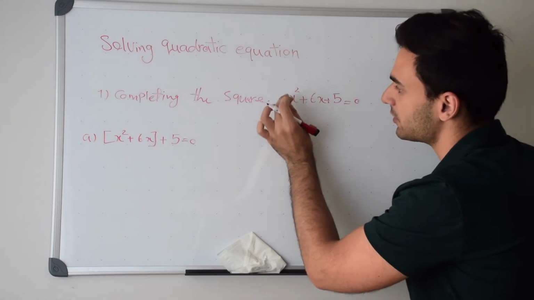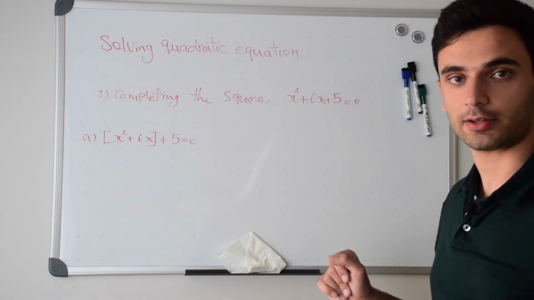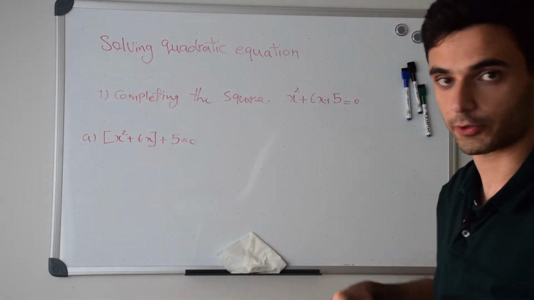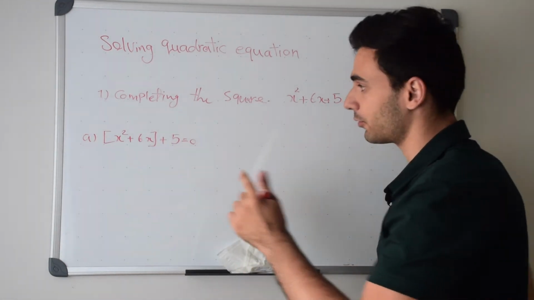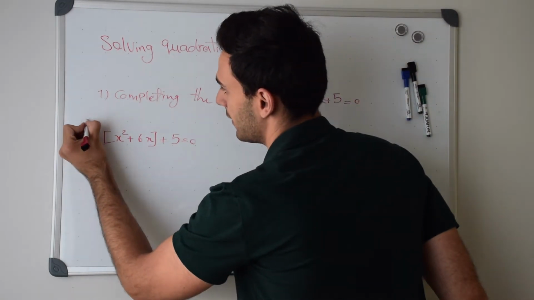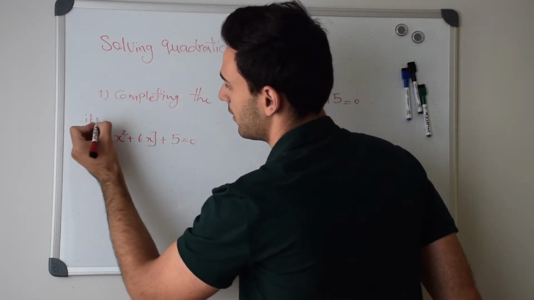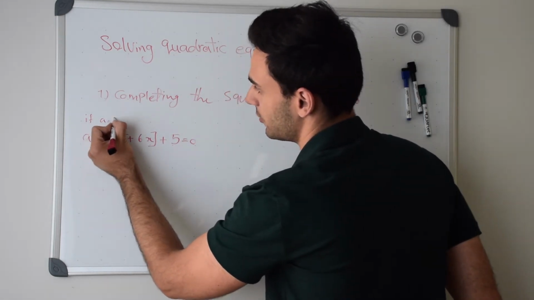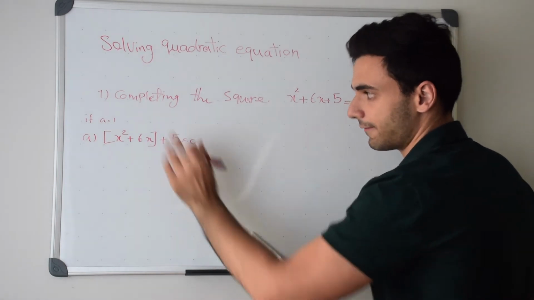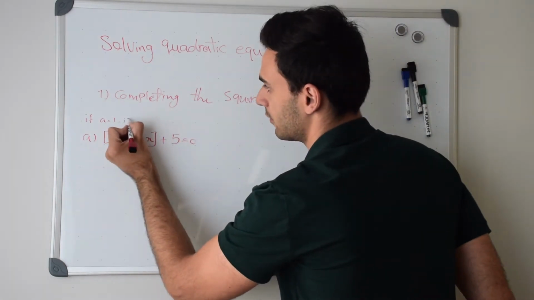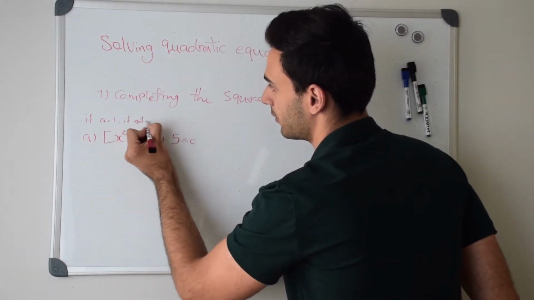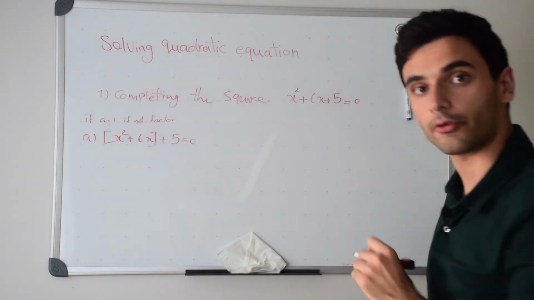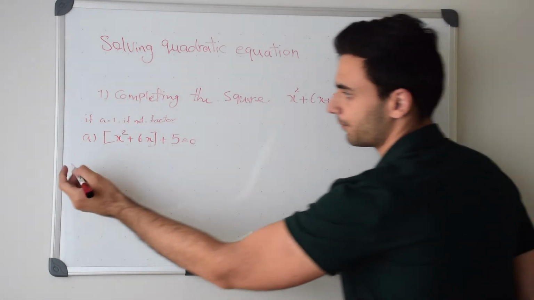If it's not 1, I have to factor that and then go with these steps. So that's important. It's only if a, which is the coefficient of x squared, is 1. If not, factor, and then proceed.